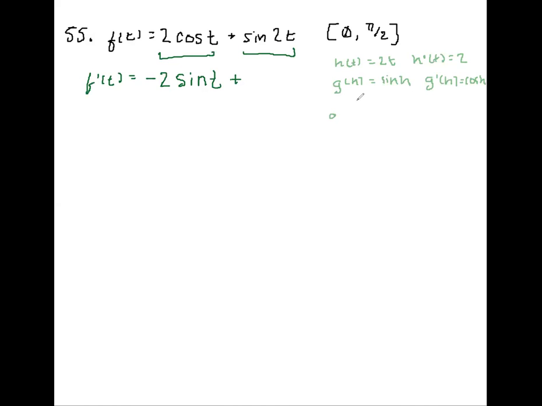I have g prime of h, so cos of 2t, times h prime, which is 2. So this is going to get put in as plus 2 cos 2t. Okay. So we found our derivative. What is next?